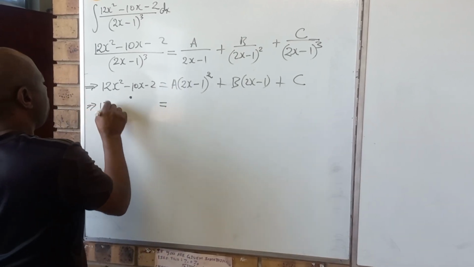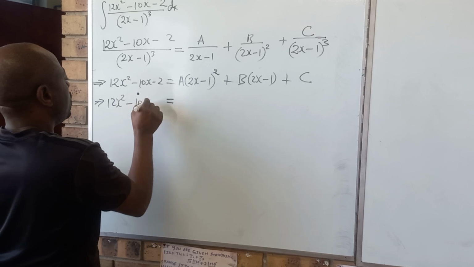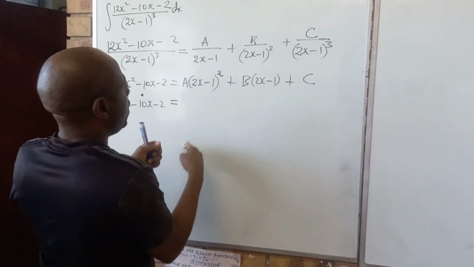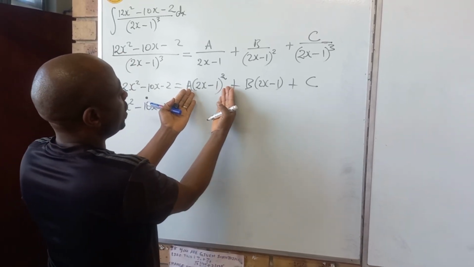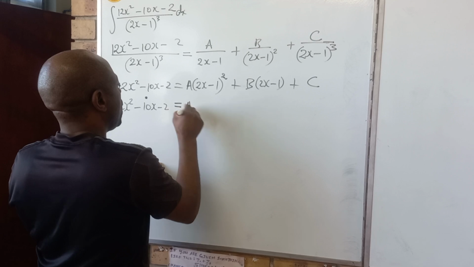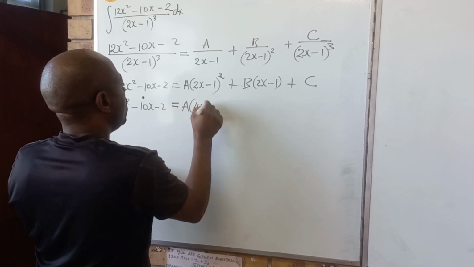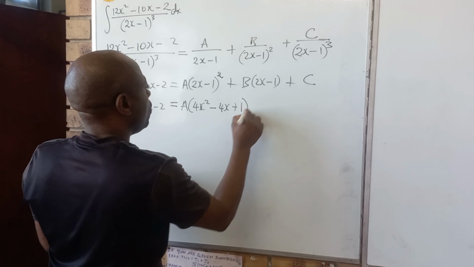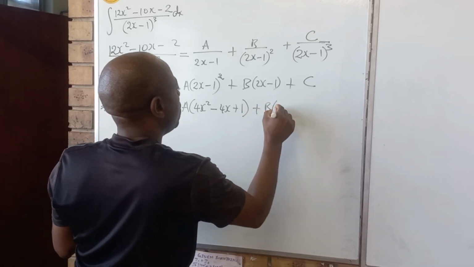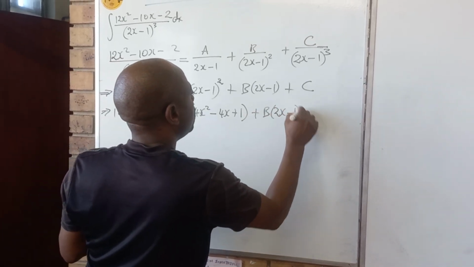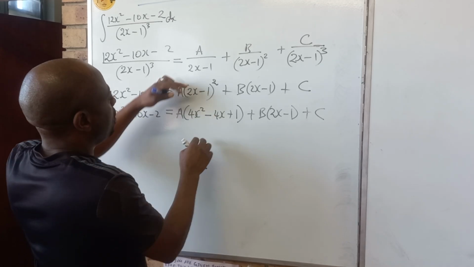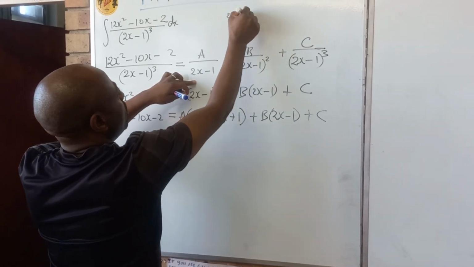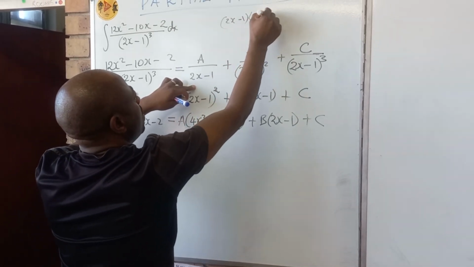The left hand side does not need any expansion. On the right, this is basically the only thing you are expanding, which will give us A into 4x squared minus 4x plus 1. I always explain to my students that the best way to expand this is not by taking 2x minus 1 into 2x minus 1.